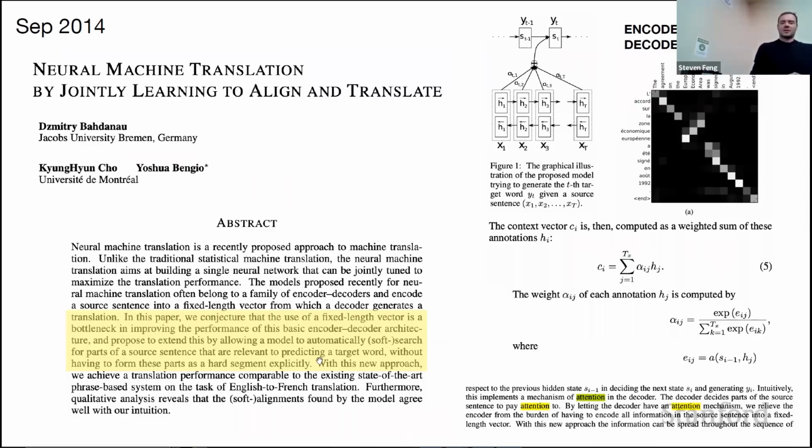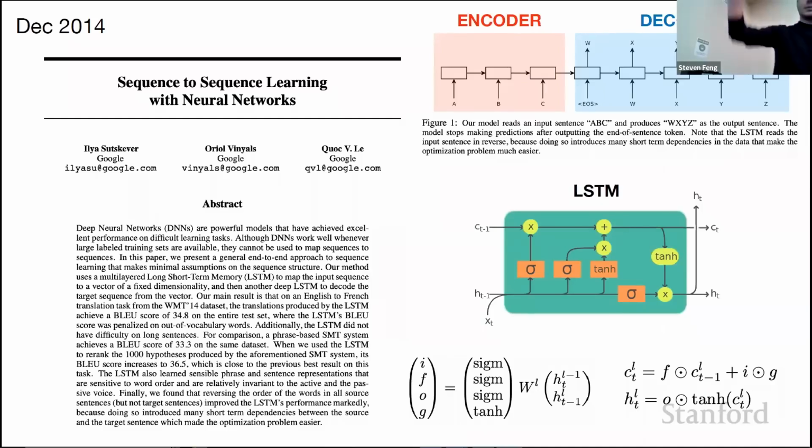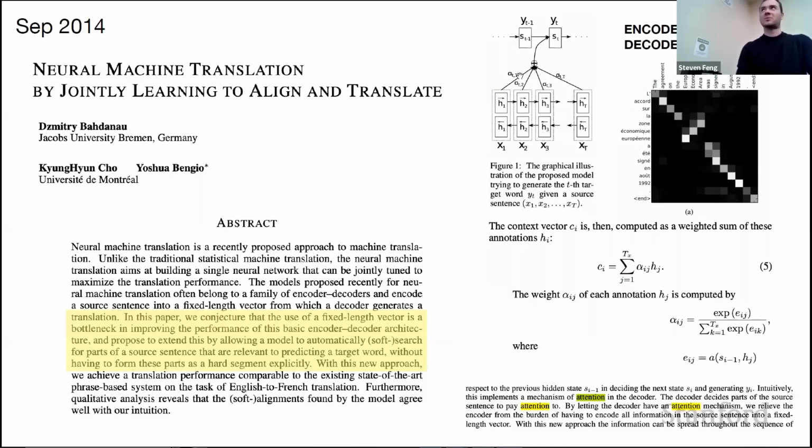So this was a way to look back to the words that are coming from the encoder. And it was achieved using this soft search. As you are decoding the words, you are allowed to look back at the words at the encoder via this soft attention mechanism proposed in this paper.